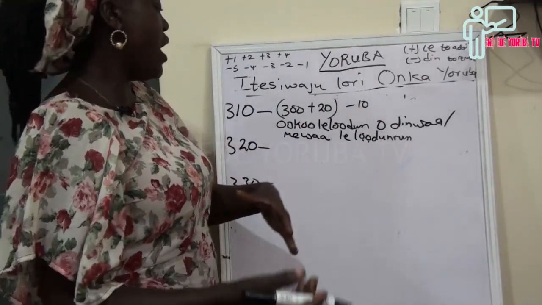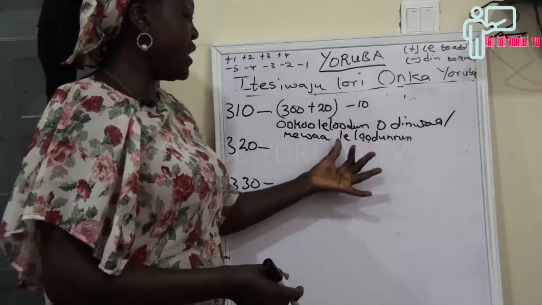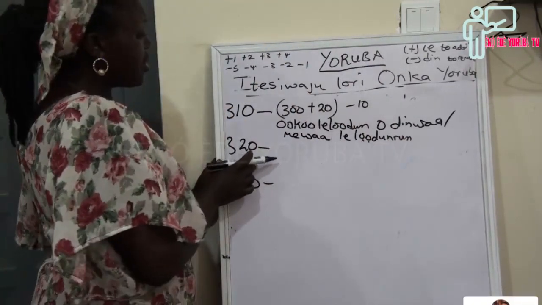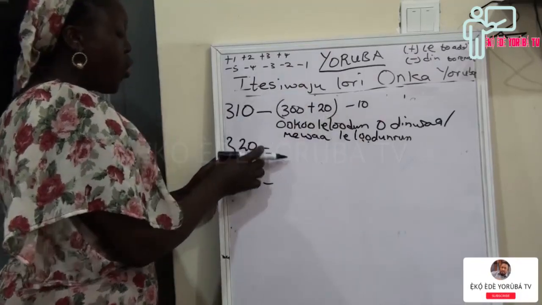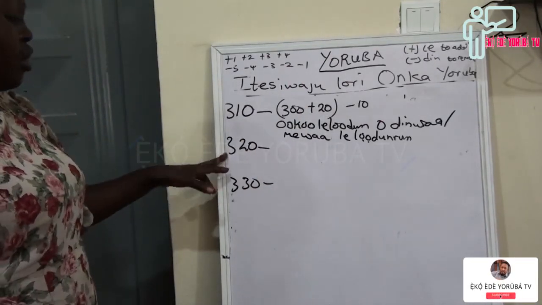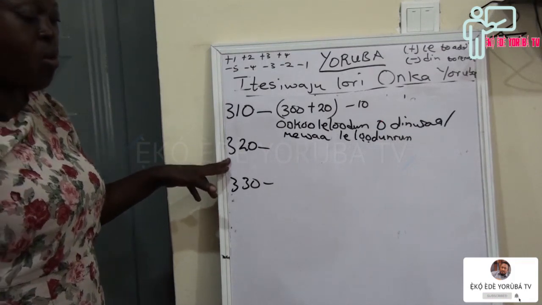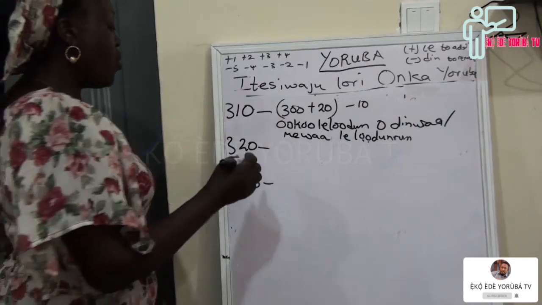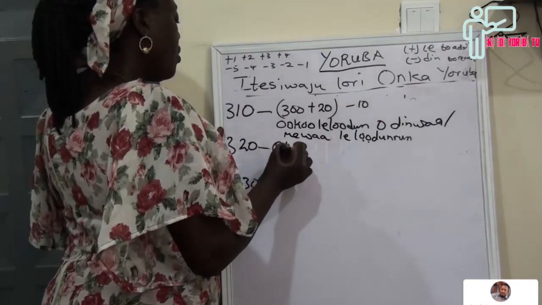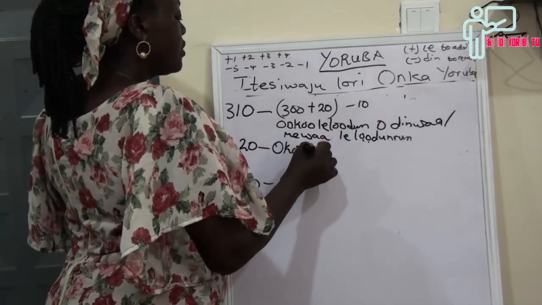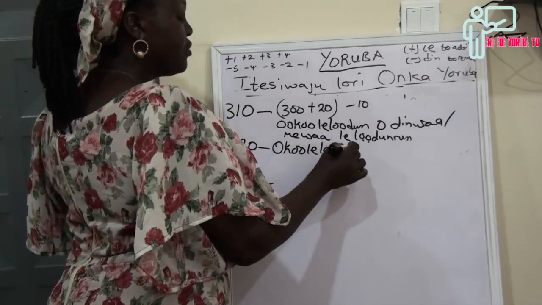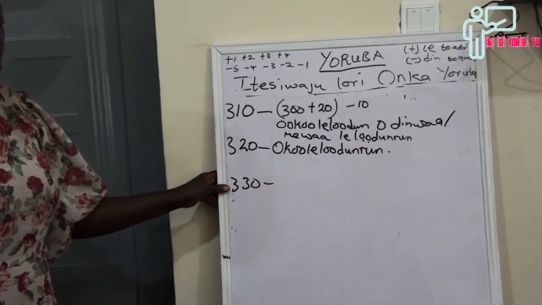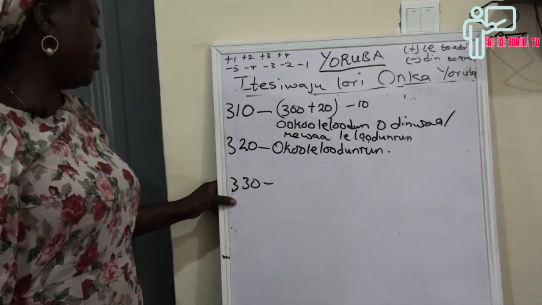Okòólélọ́ọ̀ọ́dúnrún ó dín mẹ́wàá, or you say mẹ́wàálélọ́ọ̀ọ́dúnrún. And this one is 320, which is okòólélọ́ọ̀ọ́dúnrún.